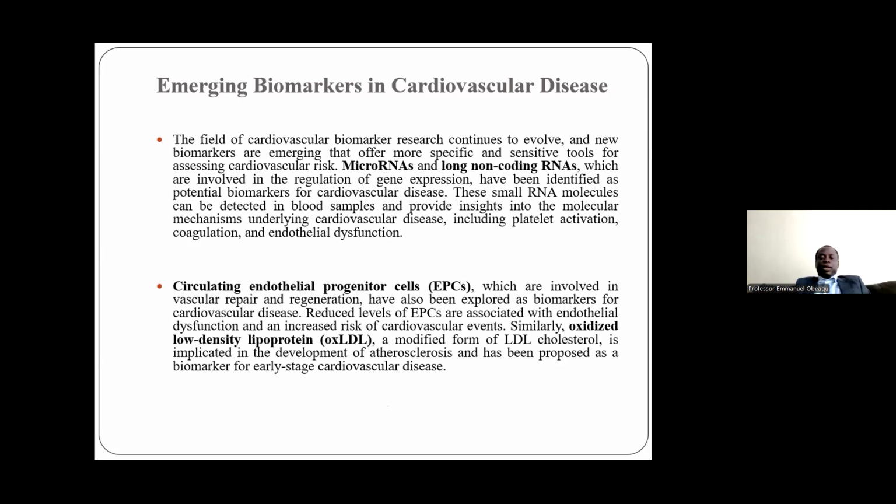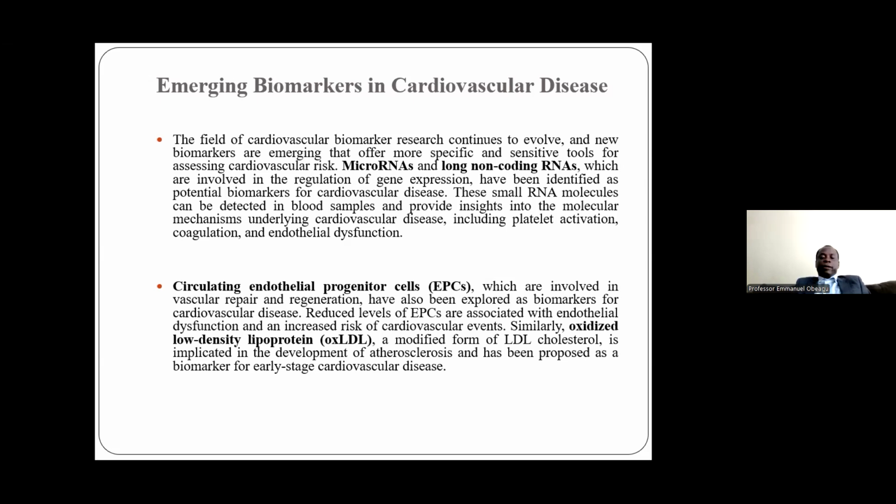And then the other aspect is emerging biomarkers that we need to look at, maybe the microRNAs, and the long non-coding RNAs, which are involved in the regulation of gene expression. Of course, you need to consider circulating endothelial progenitor cells, in short form known as EPCs, which are involved in vascular repair and regeneration.